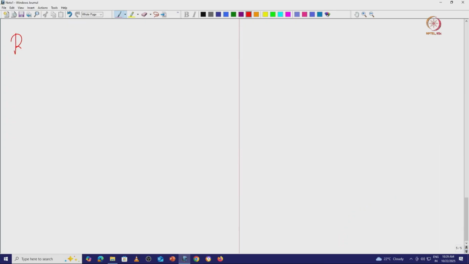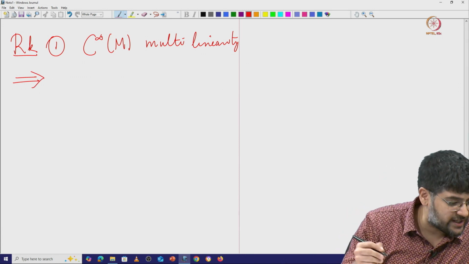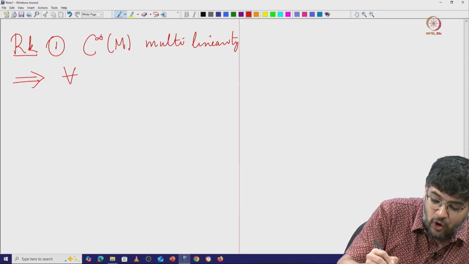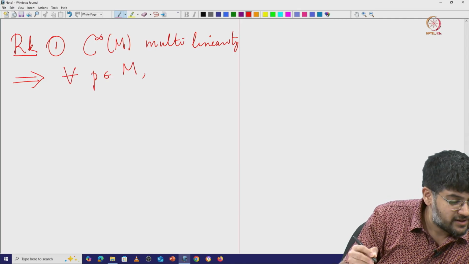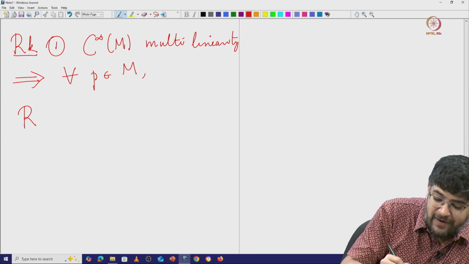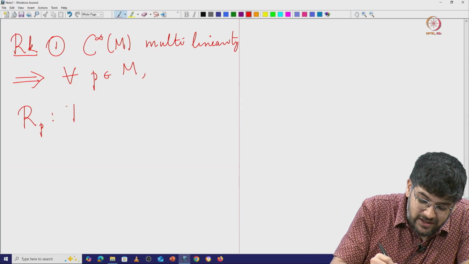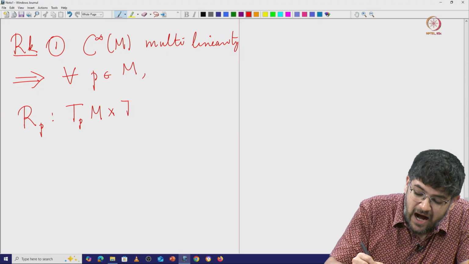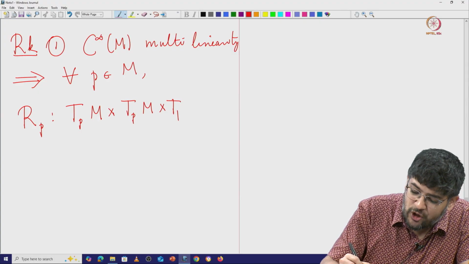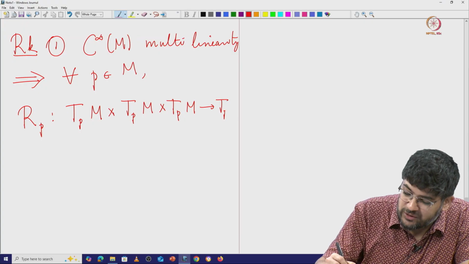Okay, so let me make a few remarks. Firstly, C infinity multilinearity implies, like we saw with tensors, that for all points P in M, one can talk about the value of the curvature endomorphism at the point. So this will be an R multilinear map from 3 copies of the tangent space to the tangent space.